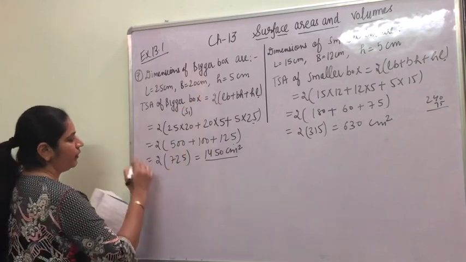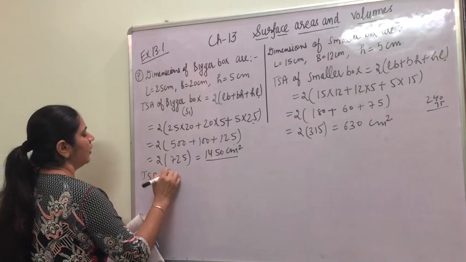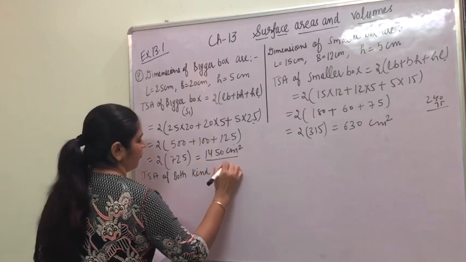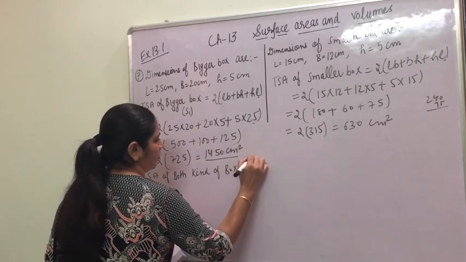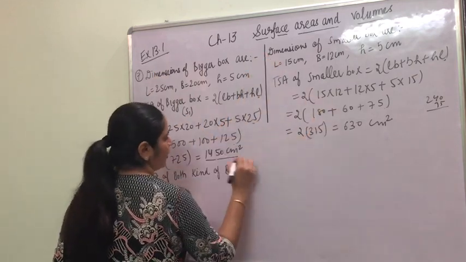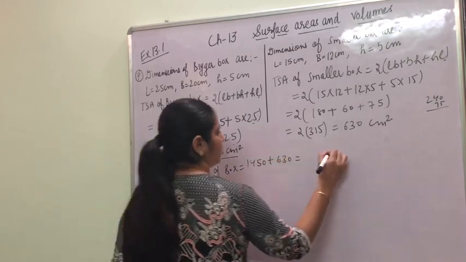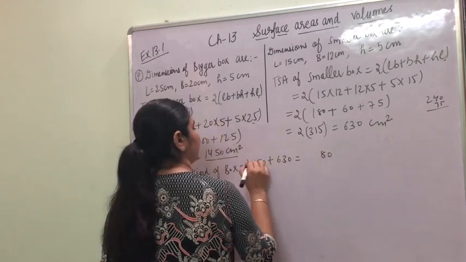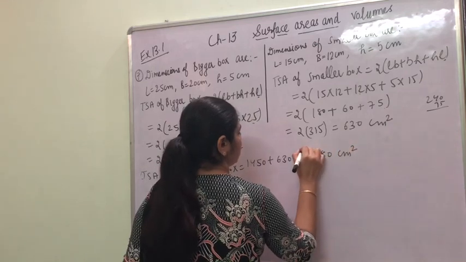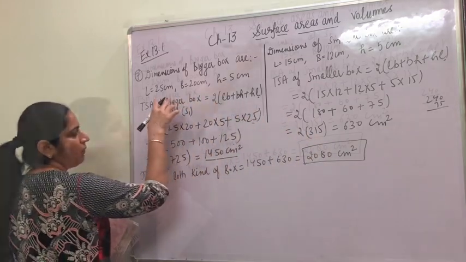So now we are adding, or we can write, total surface area of both kinds of boxes is equal to total surface area of the first one plus total surface area of the second one, 1450 plus 630, which is equal to 2080 centimeter square cardboard required.